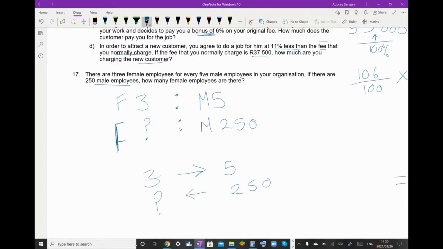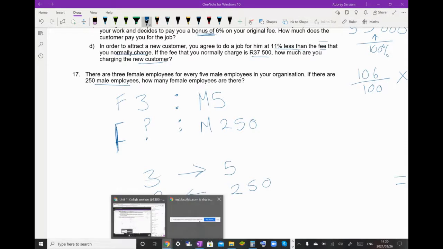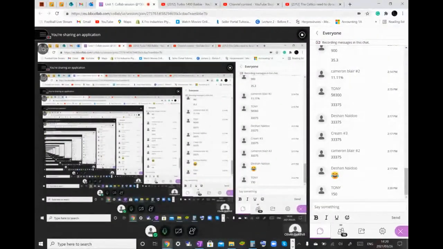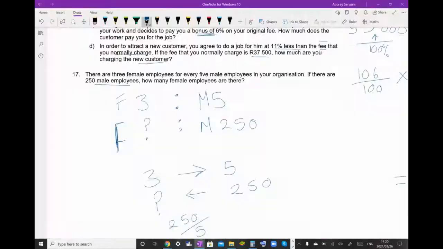What we want is the 250, but what we have is the 5. You say 150, Tony? Let's see if Tony is correct. Divide 250 by 5 to get 50, times 3, and voila, we get 150 females. Thank you, Mr. Tony. You are 100% correct.